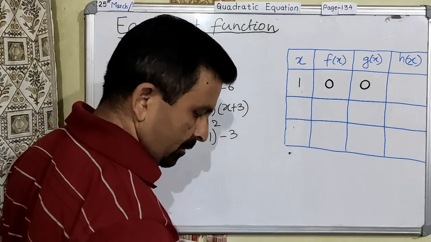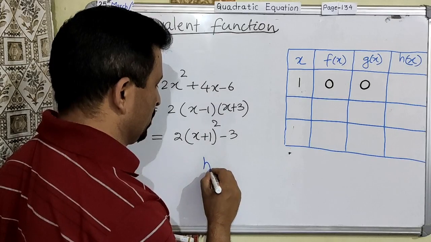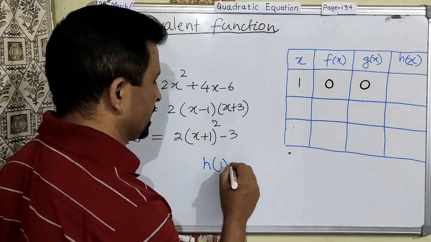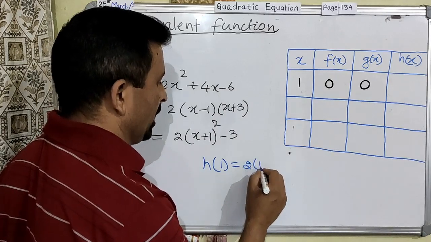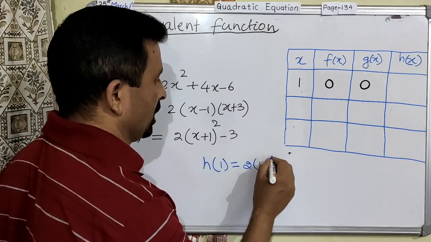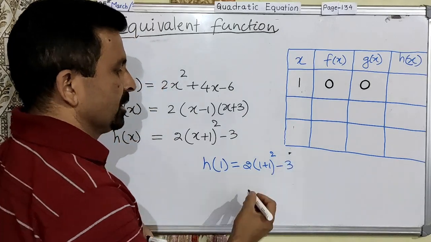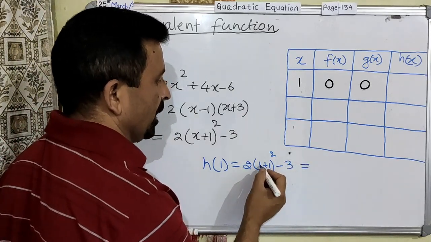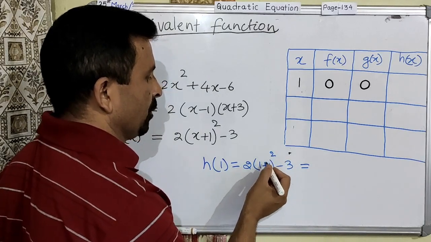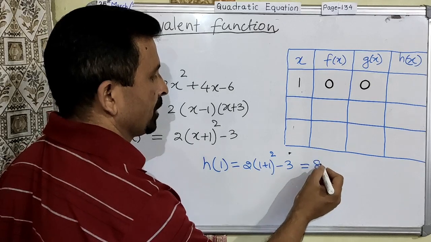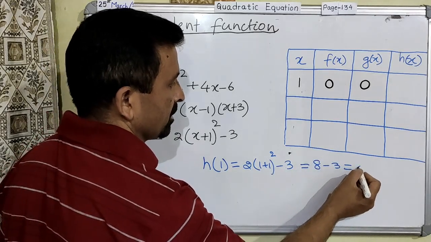vertex form. We will do the same thing in the vertex form. We will take the value of x as equal to 1. Now let us put it here in this formula. So 2 into (1 plus 1) whole square, and then this is minus 3. Alright, so what does it give you? 1 plus 1 is 2, and 2 square means 4, and 4 into 2 is 8, and this is minus 3.